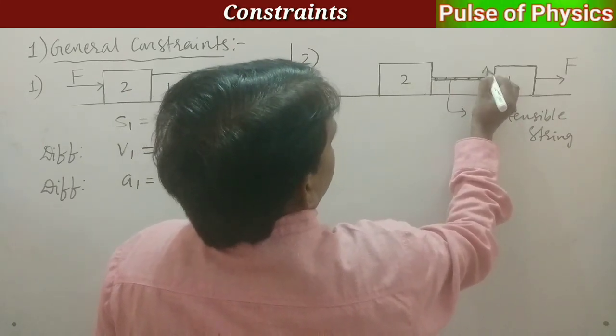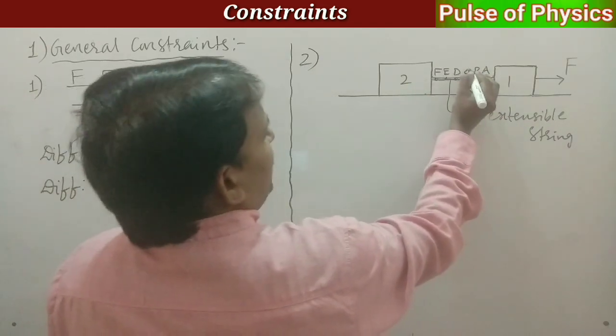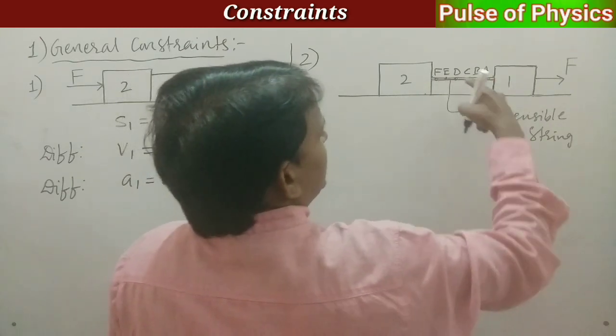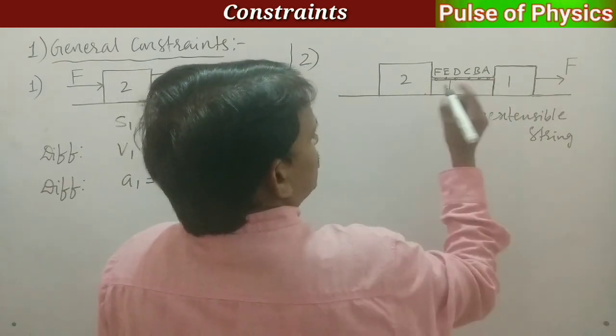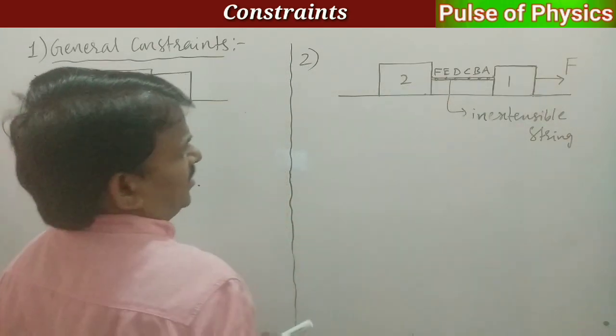Let us consider points A, B, C, D, E. Every part of the inextensible string has the same velocity. This is a very important point, useful in the next problem.